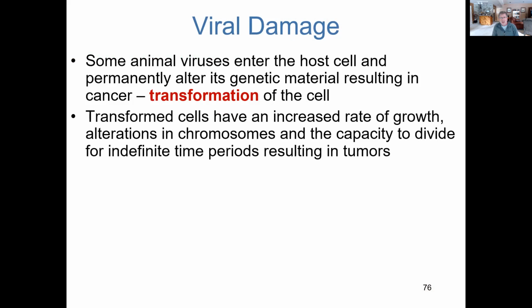So instead of having, say, periodic red lights, if you will, that the cell might encounter within the cell cycle, now all the red lights become green lights, and the cell continues to divide, and those progeny daughter cells continue to divide, and so on and so forth. And so this uncontrolled cell division is what we often characterize as a property of cancer, right? In addition to metastasis and angiogenesis and that kind of thing.